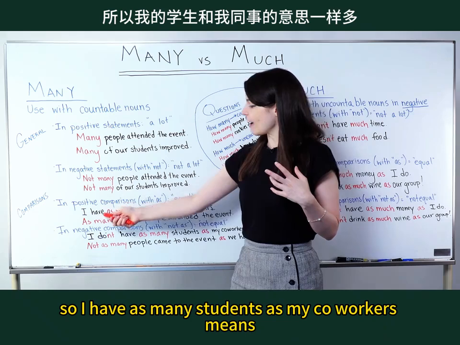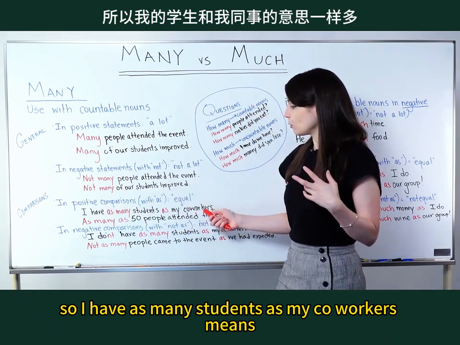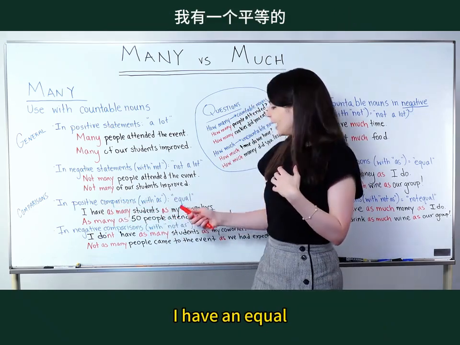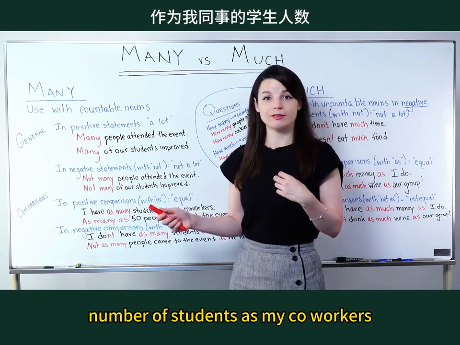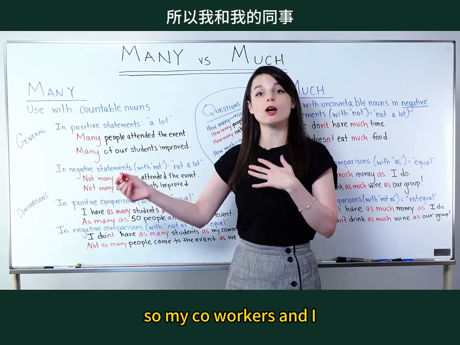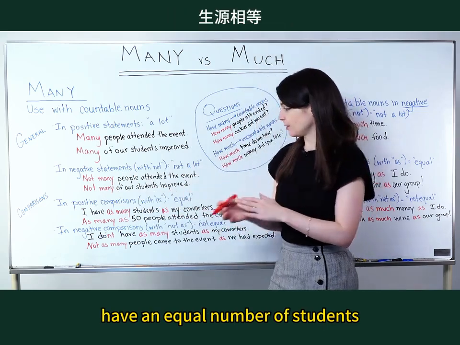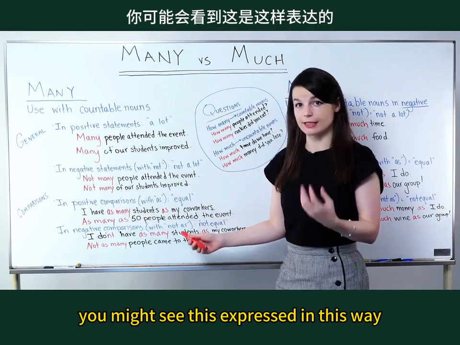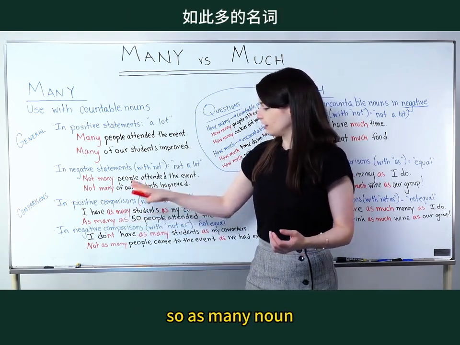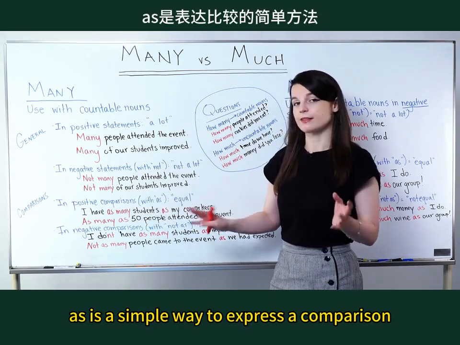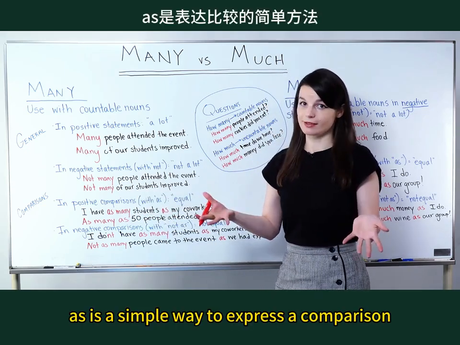So I have as many students as my coworkers means I have an equal number of students as my coworkers. You might see this expressed in this way. So as many, noun, as, is a simple way to express a comparison.